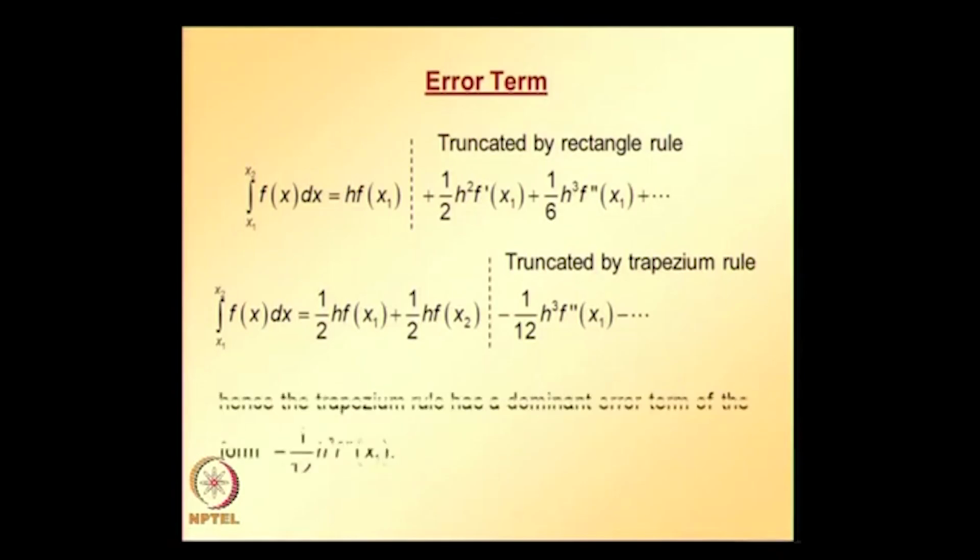So trapezium rule has a dominant error term, the highest term that we did not consider in the trapezium rule, that is minus 1 over 12 h cube times the second derivative of the function evaluated at x1. So this is the dominant error term associated with trapezium rule.